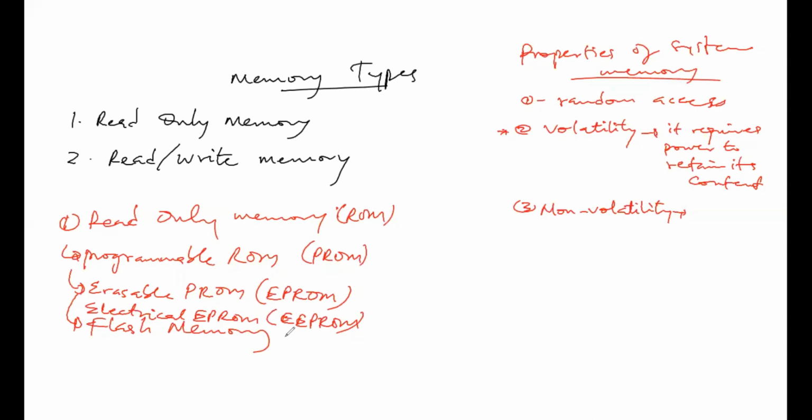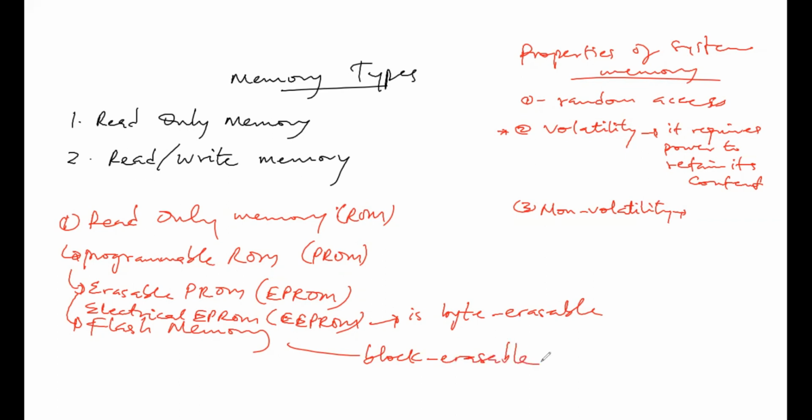While the flash memory is a type of EEPROM, the basic difference is on how the content can be erased. So EEPROM is byte erasable, while flash memory is block erasable.